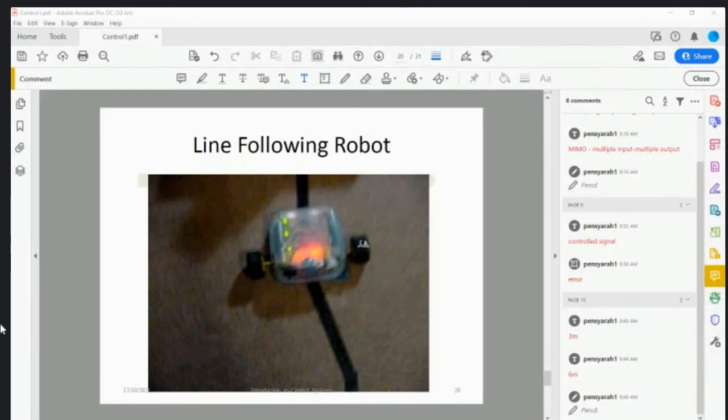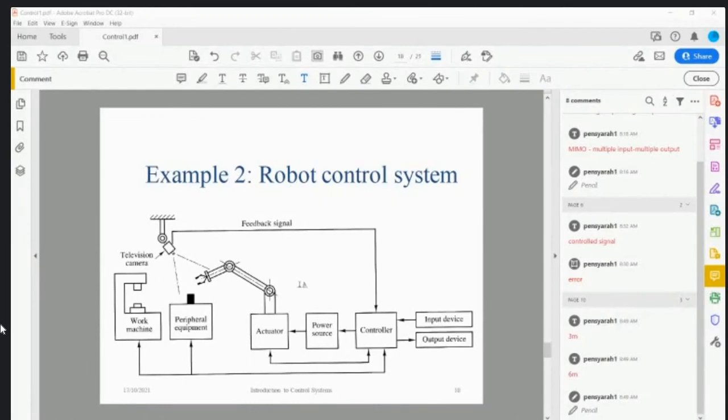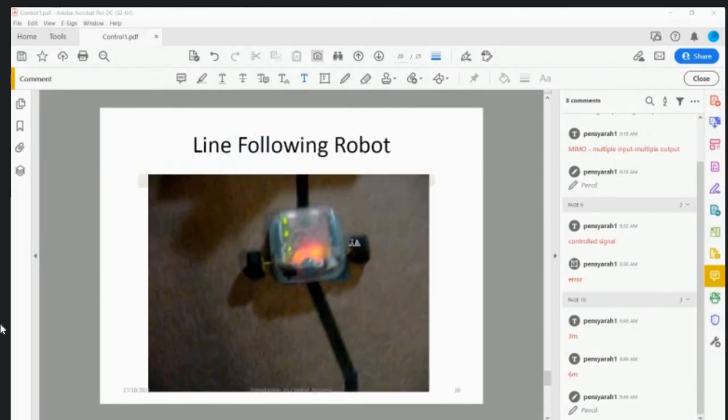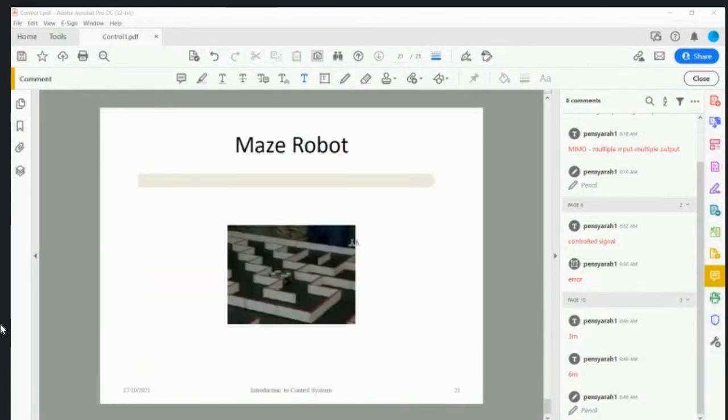Other than that, we also have PLC, which is normally used in industry. This one may use a PLC controller in order to control the movement of the robot. So in terms of controller, we have 3 types: PLC based, PC based, and microcontroller based.